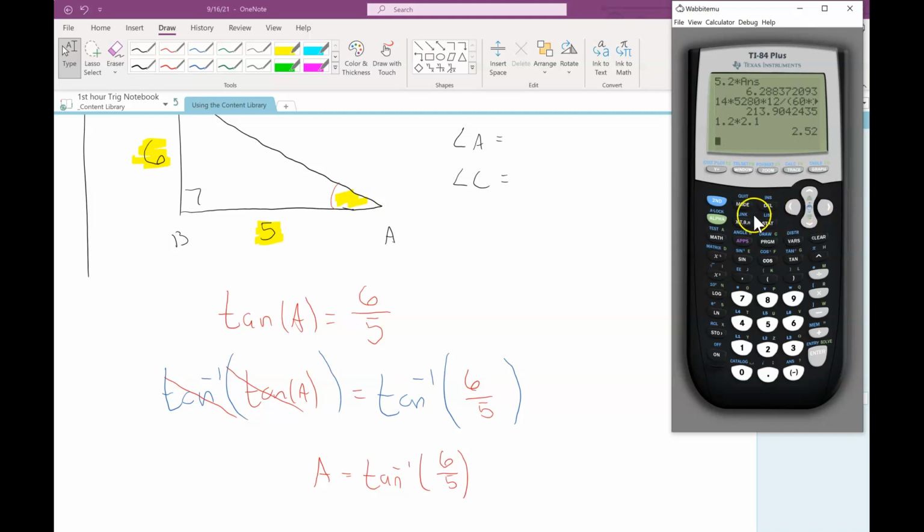So the first thing I'm going to do is press the mode button and make sure that I'm in degree mode. So go ahead and check that if you're following along. We are. So I'm going to exit out of there by pressing second, mode. And then to get the tan inverse, you'll notice in blue above tangent is the tan inverse command. So I'll just do tan inverse of 6/5. So that's about 59.19 degrees.